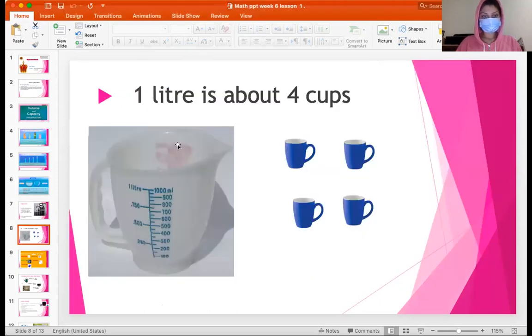You can use this at home. You can try it. You can fill it with 500 or 250 and try to put the water in different other shapes, cups or mugs or whatever, and see if they have the same capacity or not.